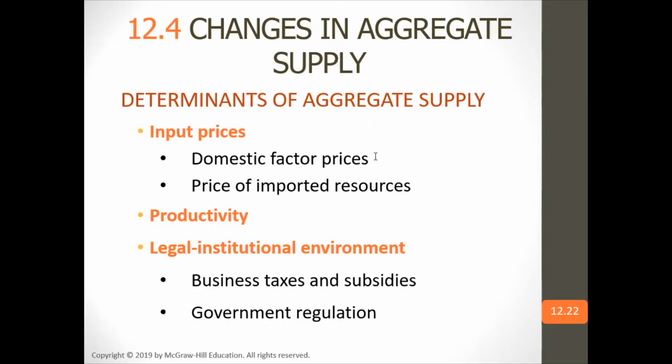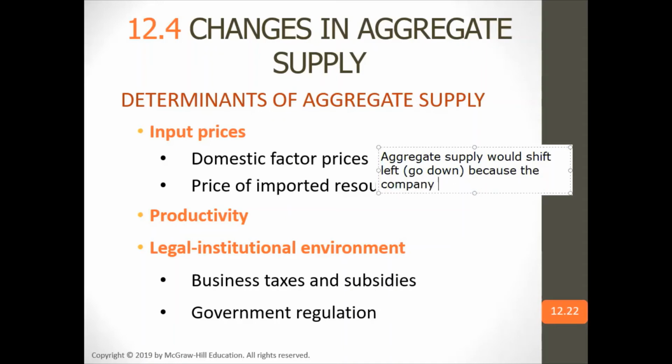What would happen is aggregate supply would go down. Aggregate supply would shift left, because the company cannot afford as much production since it costs more to produce.